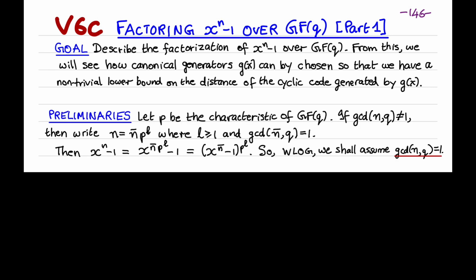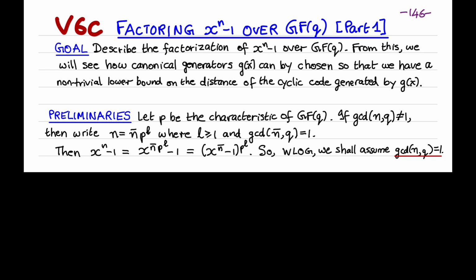Let p be the characteristic of GF(q). So q is some power of p. Suppose that q and n are not coprime. This means that p must divide n, since p is the only prime factor of q. Then I can factor out p from n at least once, let's say a total of l times, leaving a cofactor n bar, which is coprime with q.